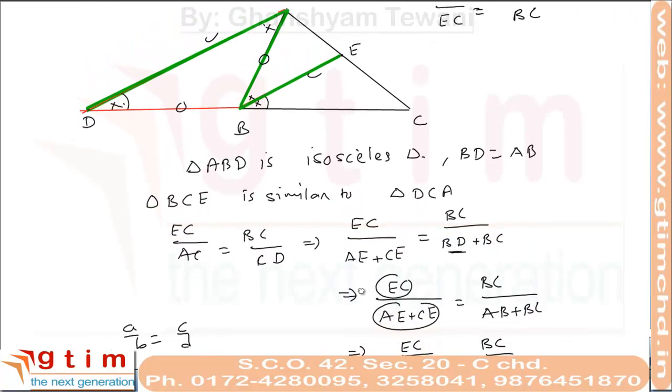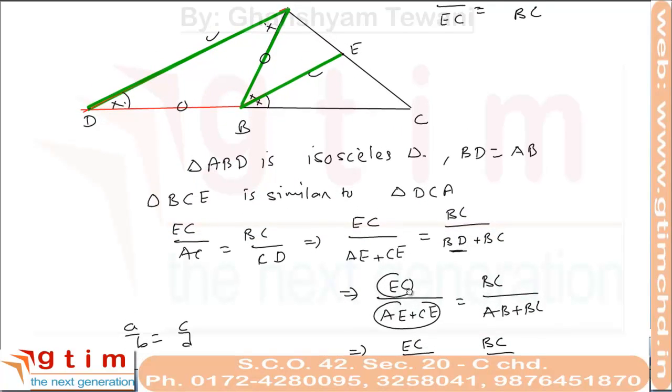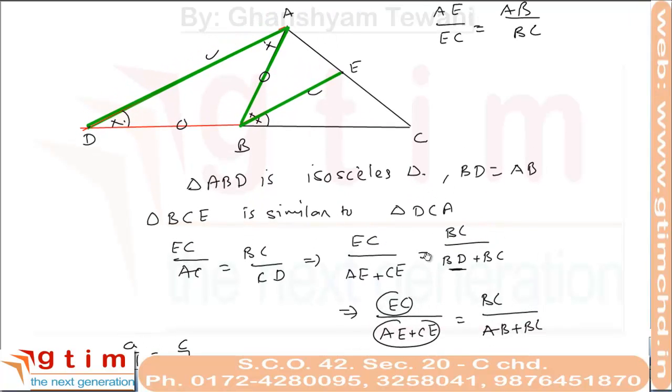So we have proved that EC upon AE is equal to BC upon AB. That means angle bisector of B divides opposite side AC in the ratio of adjacent sides. Adjacent sides are AB and BC.